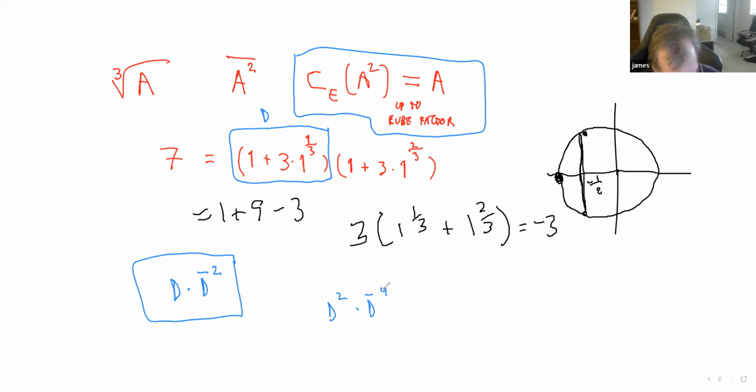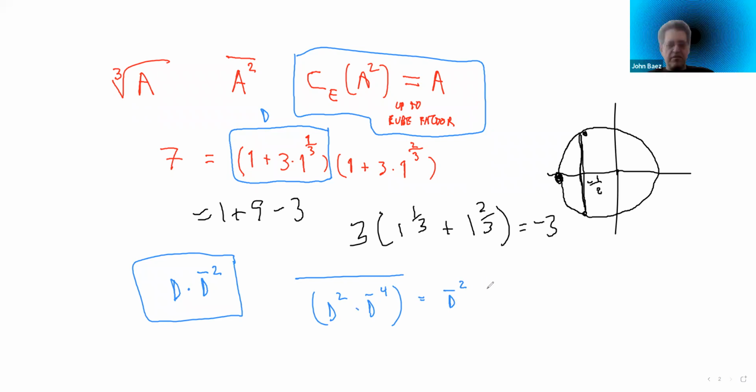Then I take the conjugate of that, which is D bar squared times D to the 4th. That is your original quantity, apart from a factor of D cubed, I believe.